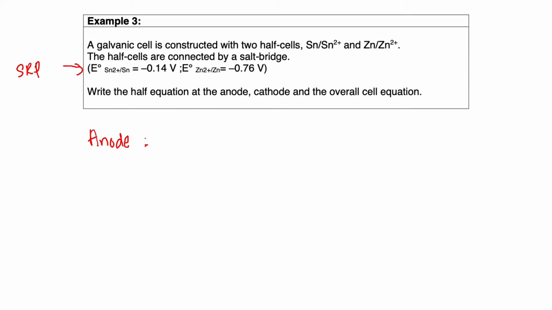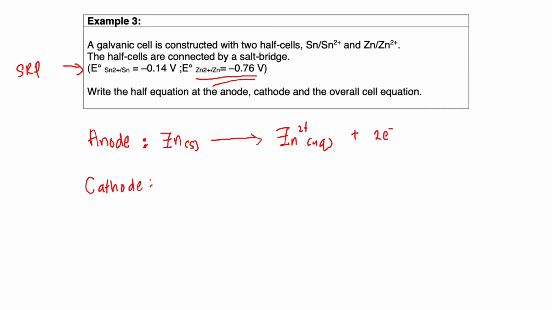So our anode should be zinc, because it is more negative compared to tandem. So we know at anode it undergoes oxidation. Therefore, we are going to write zinc, plus 2 electron.